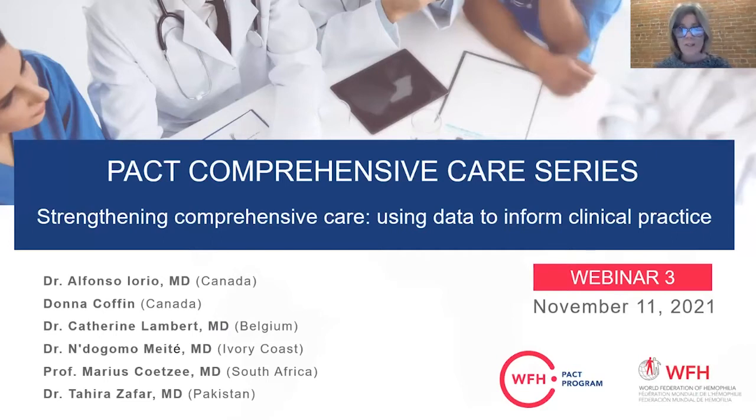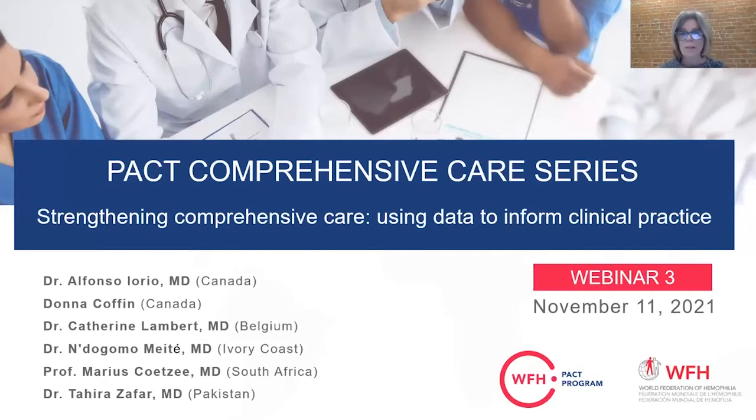It is my pleasure to kick off this third webinar in the Path to Access to Care and Treatment Comprehensive Care Series. This series has been designed to support healthcare providers in setting up and strengthening comprehensive care in their centers. The first webinar, which took place in September, covered the multidisciplinary team, their roles, and key components of comprehensive care.